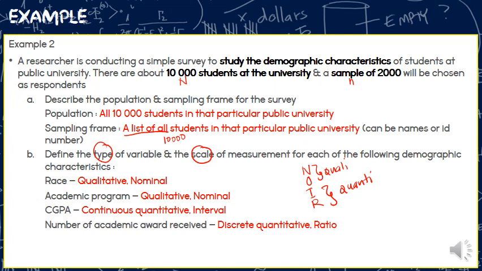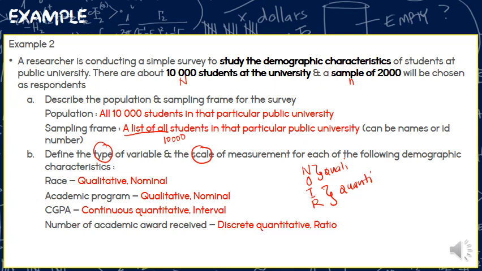Okay, CGPA is continuous quantitative variable sebab dia boleh jadi 3.0, dia boleh jadi 4, dia boleh jadi in between 3.1, 3.11. Okay, that's why dia continuous. And CGPA tak ada true zero value. Maksudnya, zero dekat CGPA tu bukan bermaksud you tak ada CGPA. That's why dia interval.